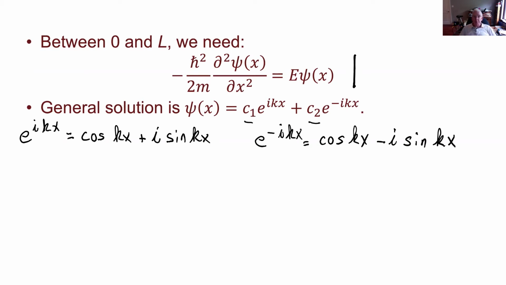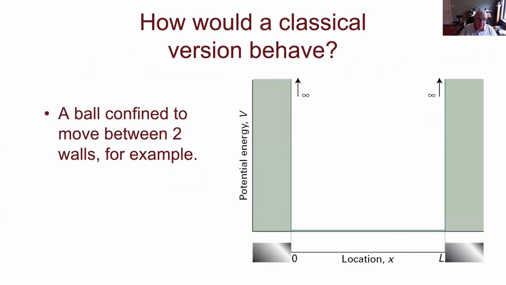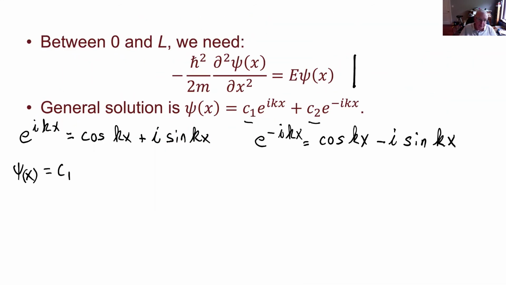Okay, so I'm going to take both of those expansions and put them into the wave function. So that's going to give me psi of x is equal to C1, that first weighting coefficient, times cosine kx plus i C1 times sine kx.